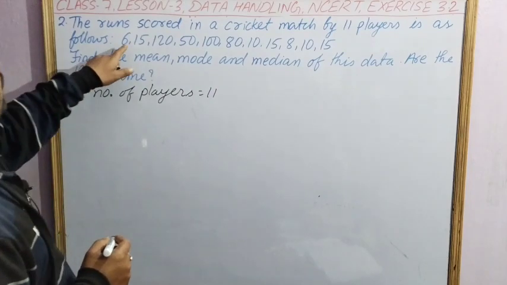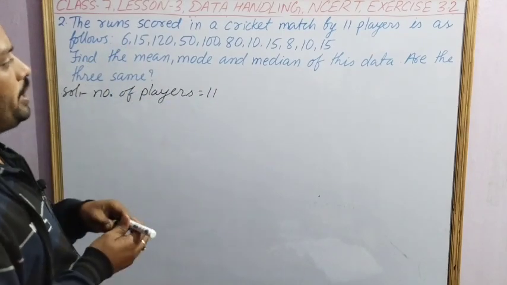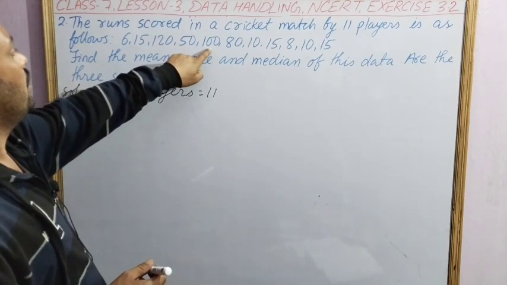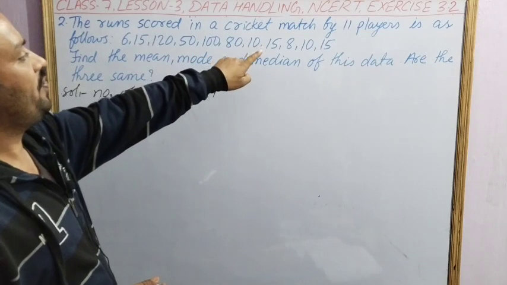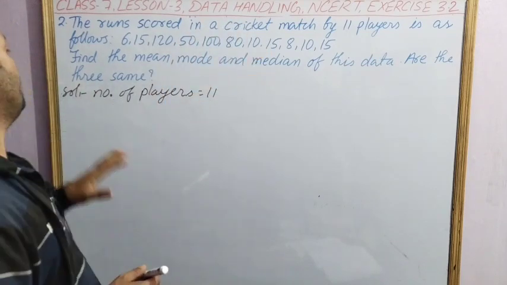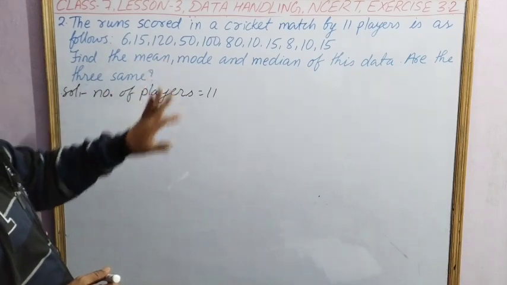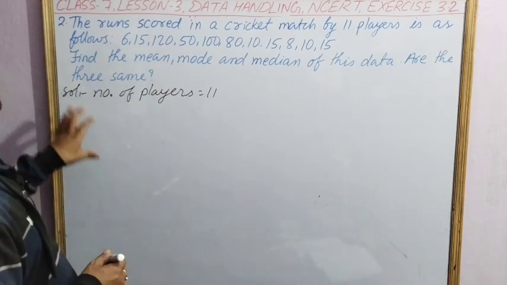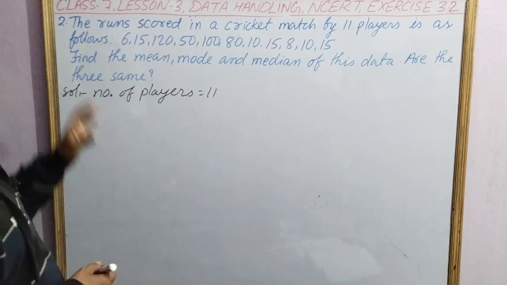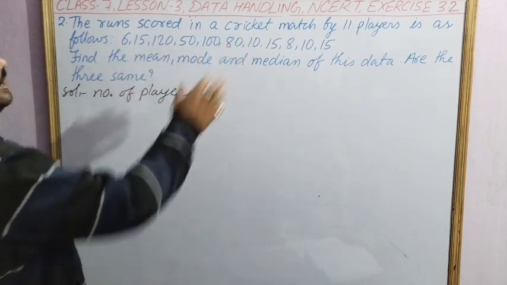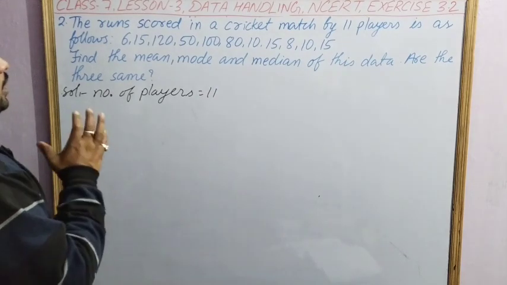The runs scored by each player are 6, 15, 120, 50, 100, 80, 10, 15, 8, 10, 15. Then we have to find the mean, mode and median of this data. Are the three same? First we will find each thing. The first thing is to arrange the given data in ascending order.